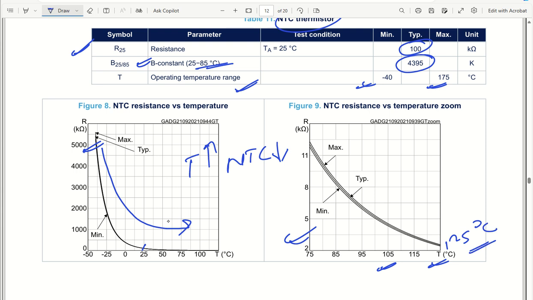You can see the variation is from 10 or 15 kilo ohm going to 2 kilo ohm. So this is the complete variation of NTC resistance versus temperature.